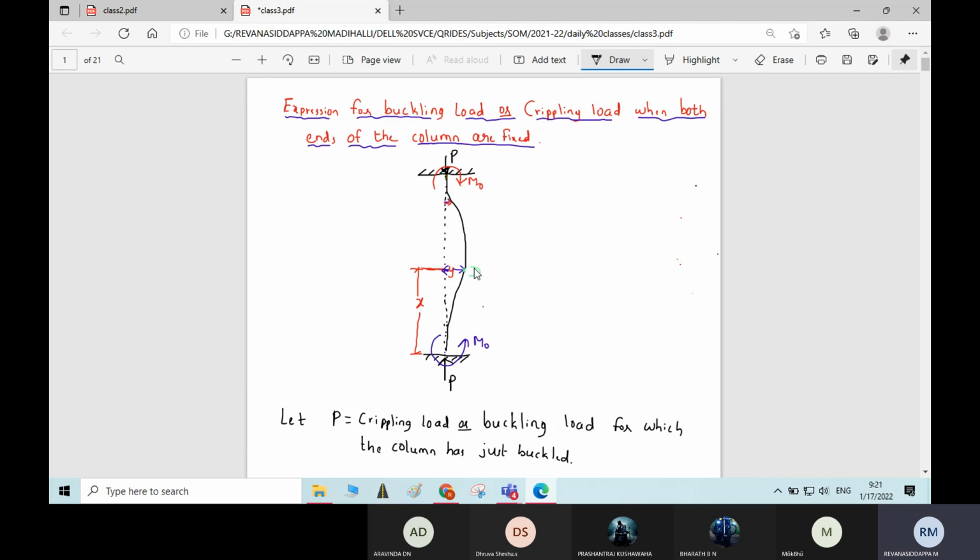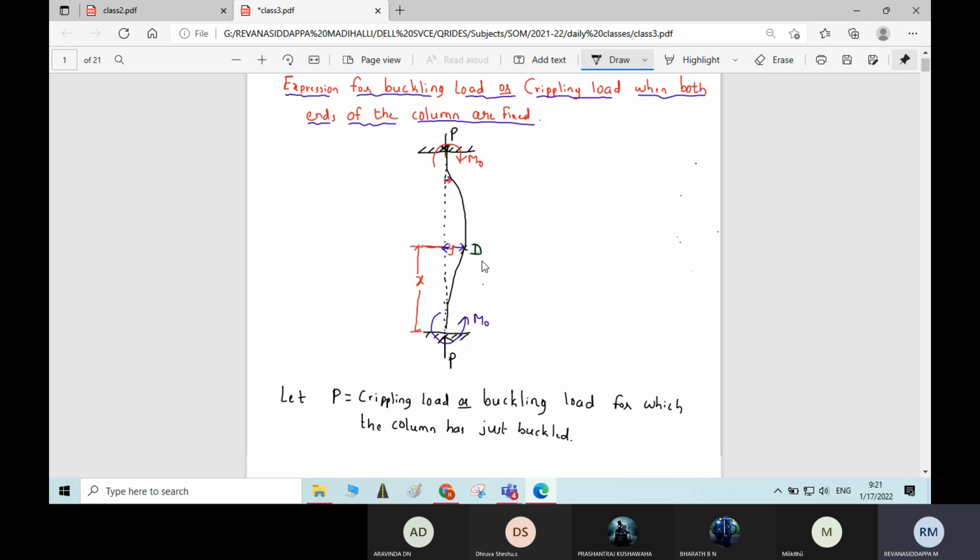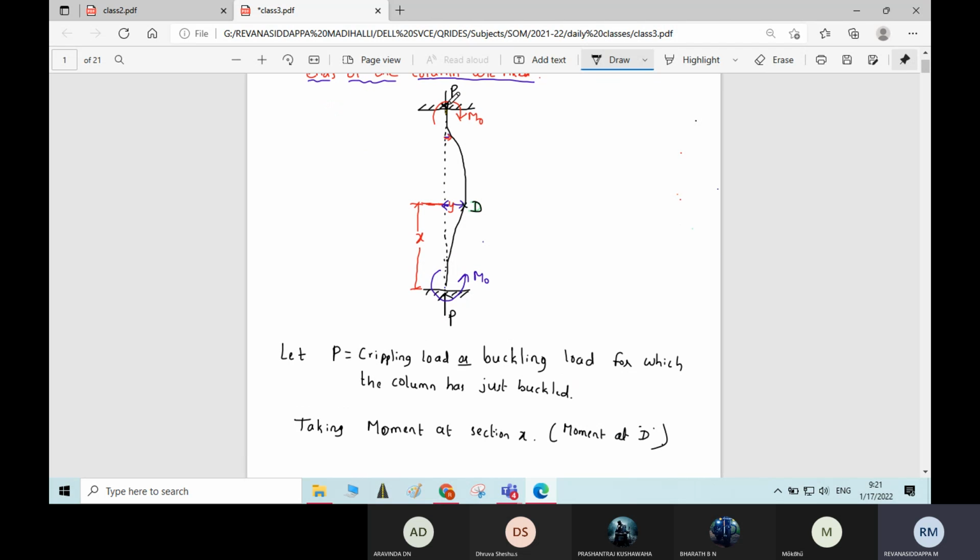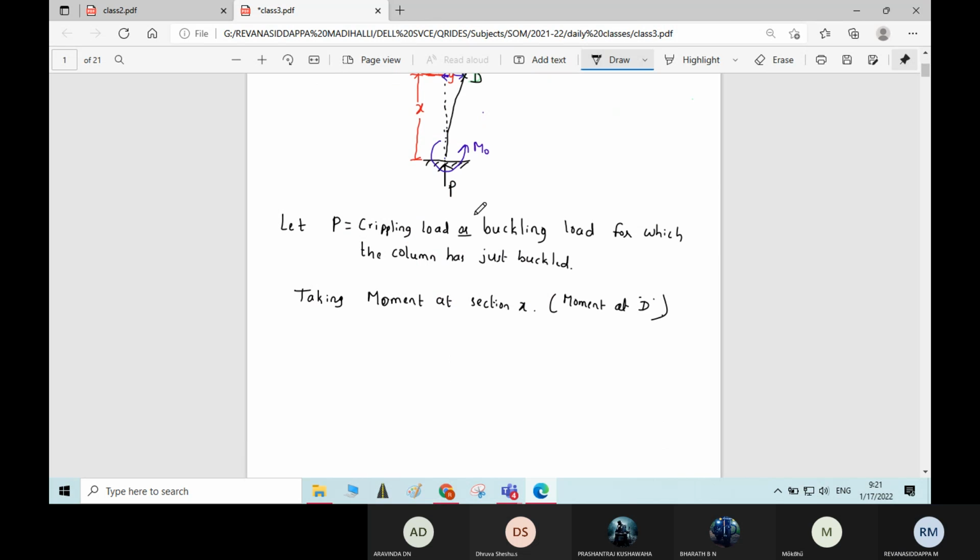What is moment of this force P about point D? I want moment of force P about point D.